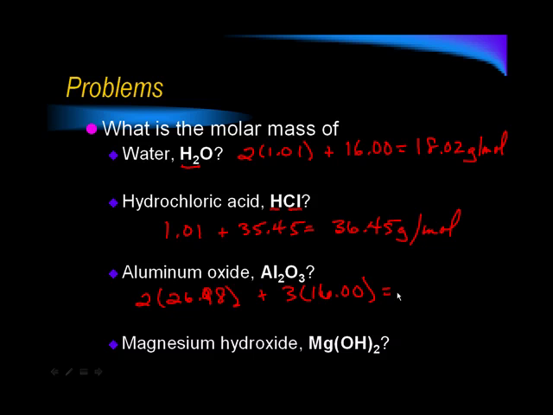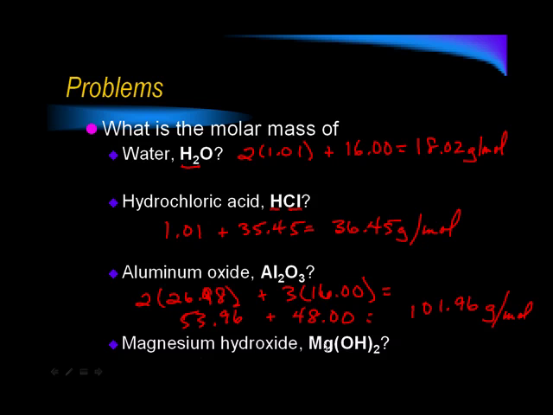You solve that problem, 26.98 times 2 is 53.96. Add in your 3 oxygens for 48.00. Again, you don't want to forget the numbers after the decimal, and you get 101.96 grams per mole. There's your answer for that one.